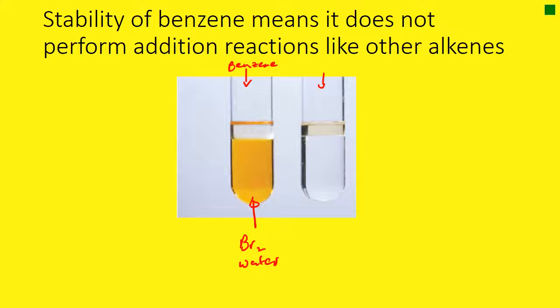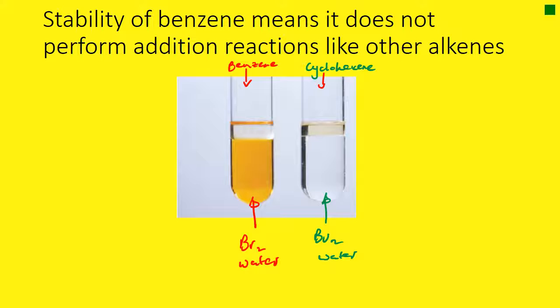Whereas in this test tube, we've had cyclohexene, and this was the bromine water. Cyclohexene is used because it's got a double bond and is a cyclical molecule like benzene, but it doesn't have the delocalized ring of electrons.